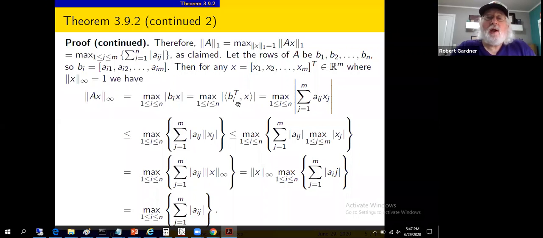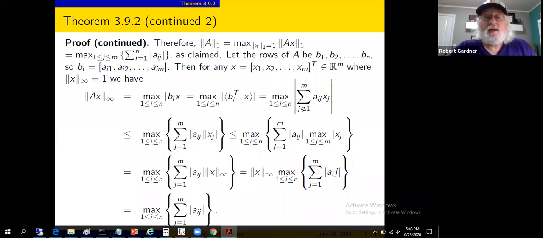Okay, what happens when you perform this inner product? You get the entries in this vector times the corresponding entries in that vector, summed up. The entries in B sub I as a vector are AI1, AI2 up through AIN. The entries of X are X1 through X sub M. So we'll get these times these.